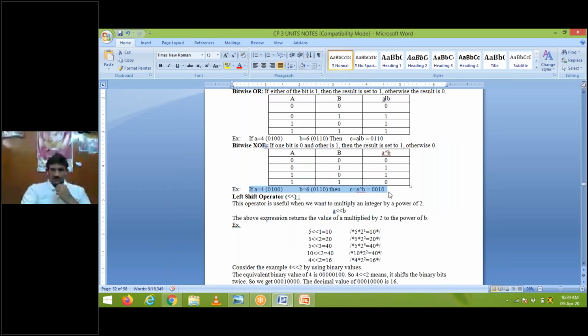You should not give the value of 0 0 1 0 as 2. It is a bitwise operation, so you should declare the results in bitwise form only. Some students write that 0 0 1 0 is the value 2, so now C value is 2. Don't declare like this.